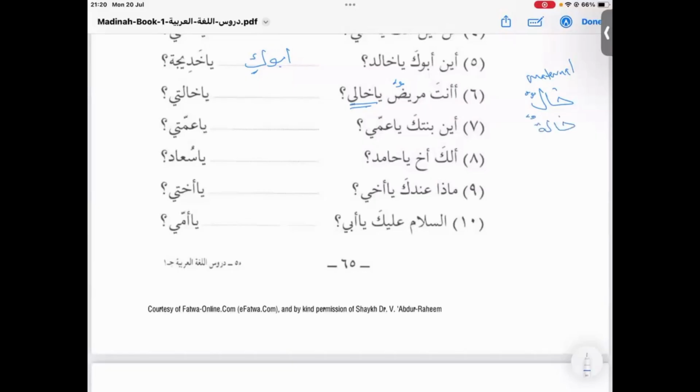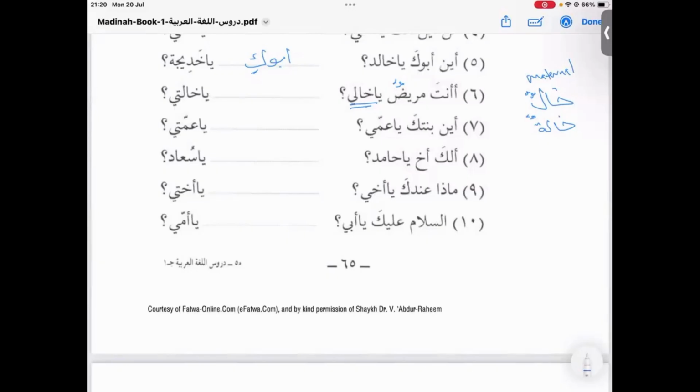And if the uncle is from your father's side, ammun and ammatun. So that's why in Cape Town we have amati and khalati. Ya khalati. And there's a hadith of the Prophet ﷺ where he said, al-khalatu bimanzilatil ummi. The maternal aunt is on the level of the mother. أأنت مريض يا خالي. Are you sick, oh my maternal uncle?